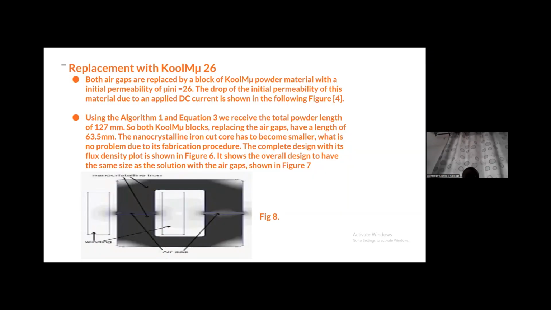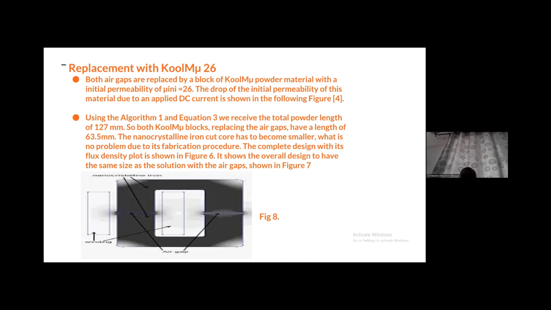So let's look at the replacement with Kool Mu 26, the material that replaces the air gap. Both air gaps are replaced by a block of Kool Mu powder material with an initial permeability mu initial of 26, Sendust, as we can see from the previous diagram.